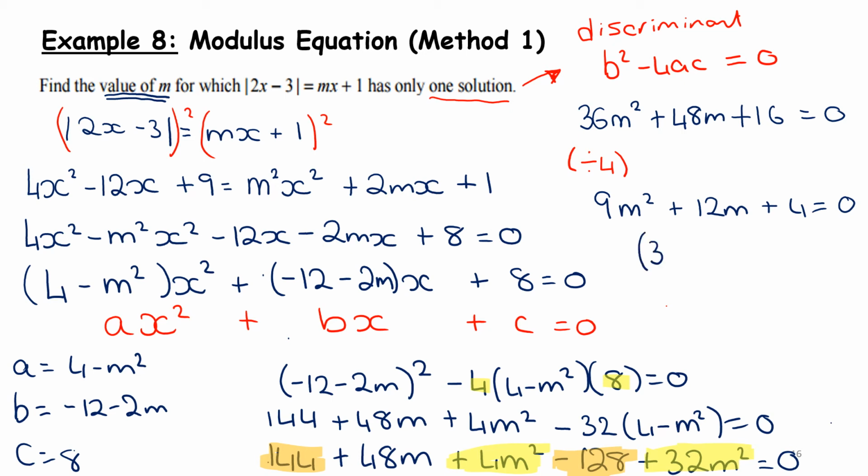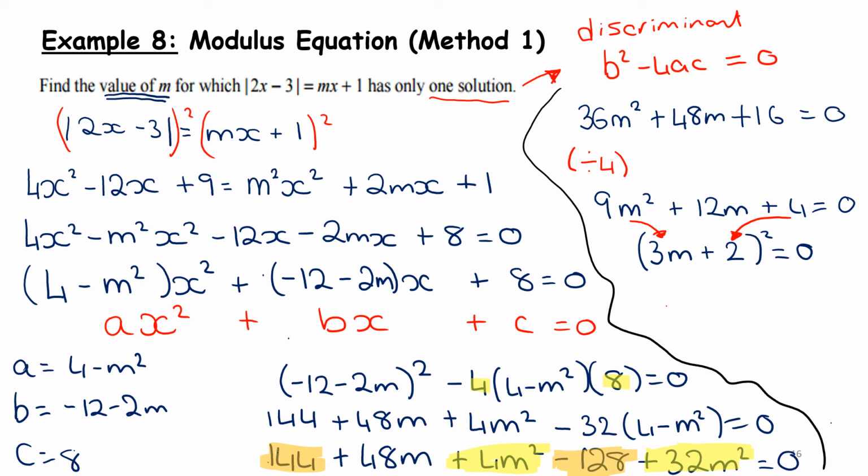So this could be 3m plus 2 squared equals 0. Now where I got that is I square rooted the 9m squared, I square rooted the 4, and then I just double check the middle term. 3m by 2 is 6m, and double it, I got 12m. So actually that is a perfect square.